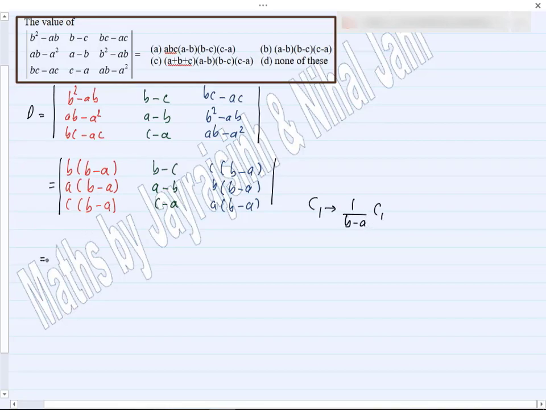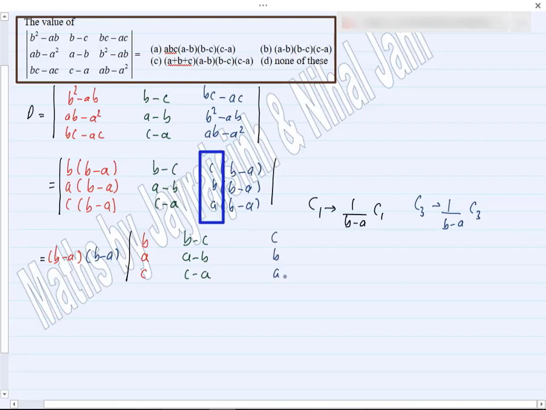So we have to multiply the determinant by b minus a, and our first column will be b, a and c. Our second column will be as it is, and we can also divide b minus a from the third column. So we have to multiply by b minus a again. Our third column will be c, b and a, right? So we have simplified the first and third column.